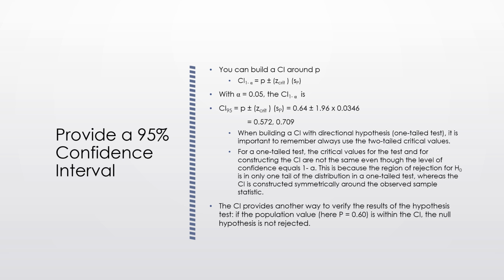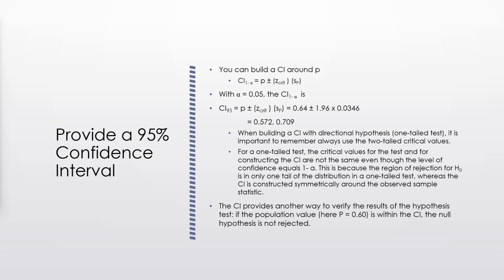I use this example of a directional hypothesis to show you that for a one-tailed test, the critical values for hypothesis testing and for constructing the confidence interval are not the same, even though the level of confidence equals 1 minus alpha.